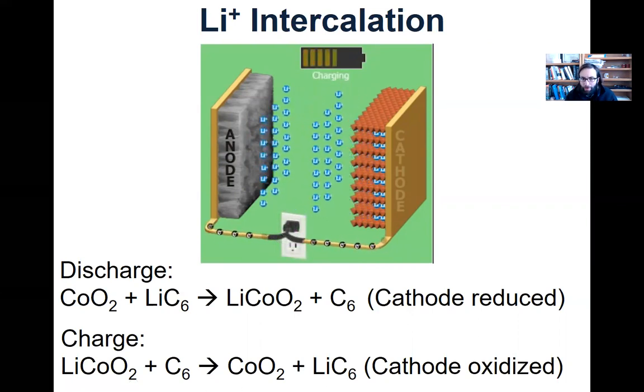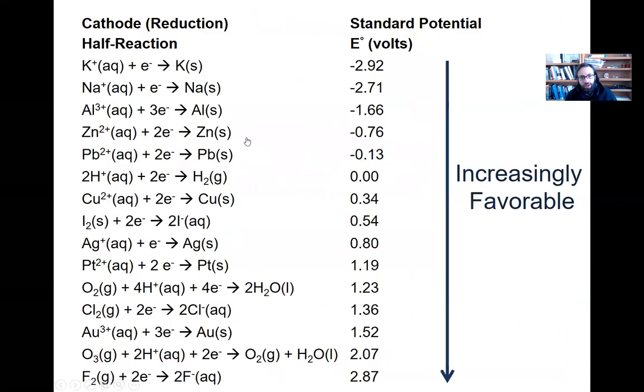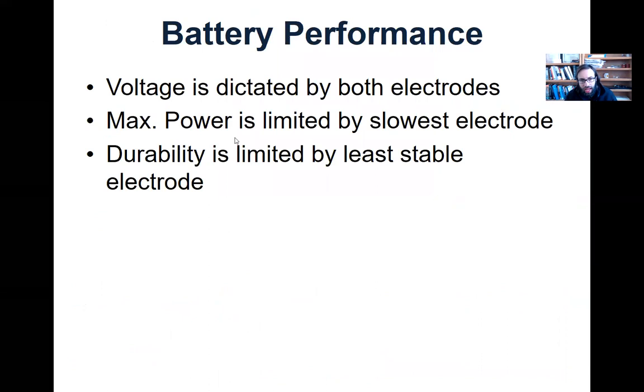The overall power or rate at which you can get the energy out of your battery is going to be entirely dictated by the anode. Who cares if your cathode can do it really fast? Because your anode's slowing it down and they're interlinked, right? So in this way, the maximum power of a battery or any electrochemical device is limited by the slowest electrode.